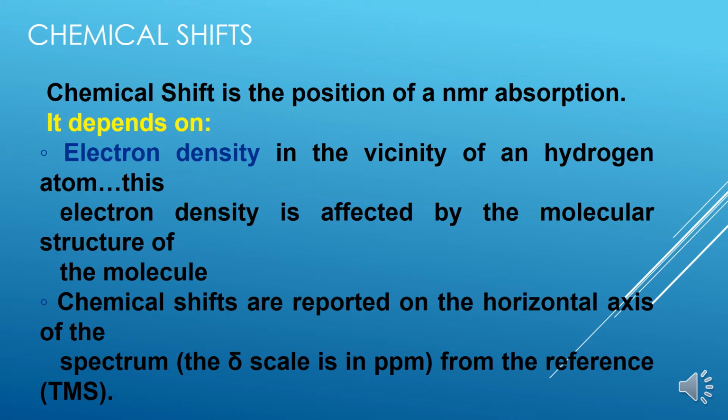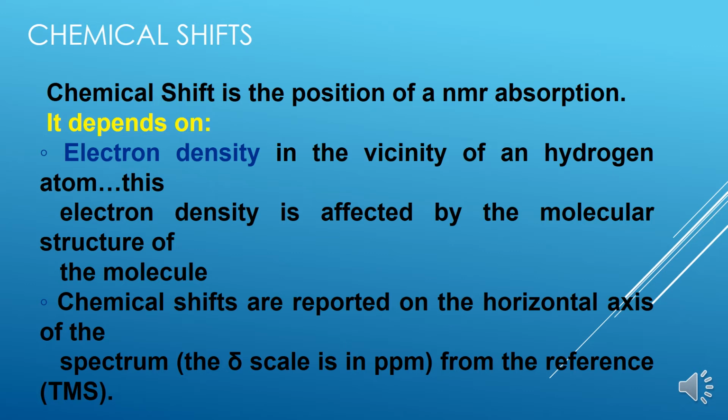In other words, chemical shift is defined as the position of NMR absorptions. In the earlier slide, I told you the change in the energy needed to flip a proton is also called chemical shift, or else we can define chemical shift as the position of NMR absorption. Sometimes the examiner may ask this question for 2 marks.